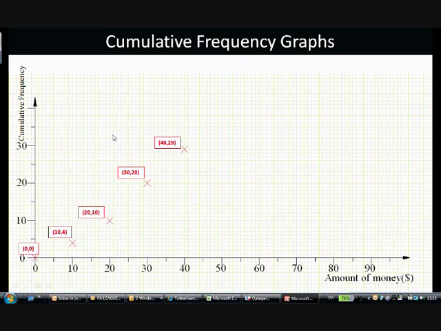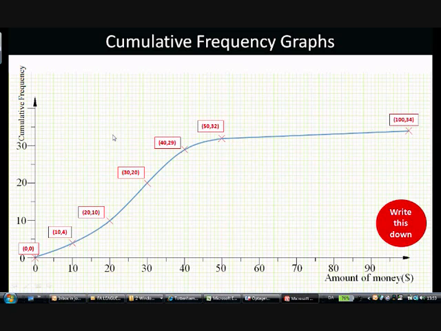So plotting those points, and then the idea is to try and get a smooth curve through them. It's always a good idea to have your hand inside the curve when you're drawing it. So put your hand there to draw that bit of the curve, and then maybe turn the paper around, put your hand there, because it's easier to turn your hand that way.